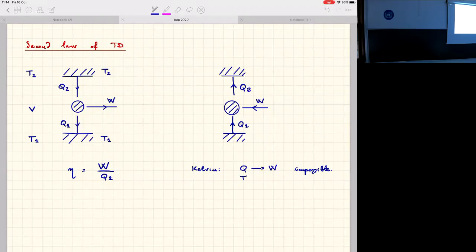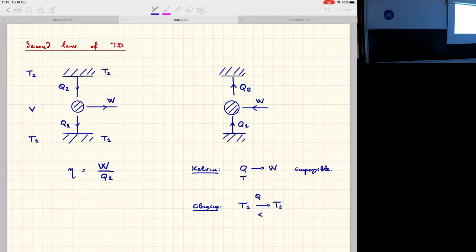The Clausius statement is that there is no transformation whose only effect is to extract heat from a colder reservoir and deliver it to a warmer reservoir, so T2 is smaller than T1.